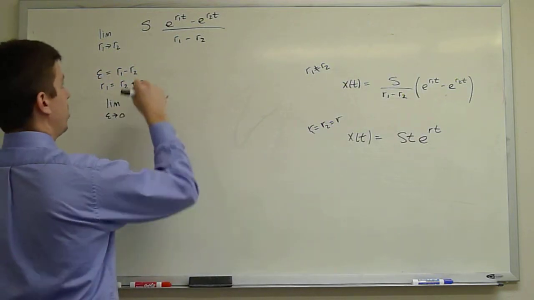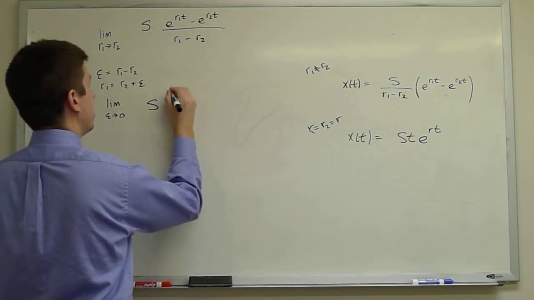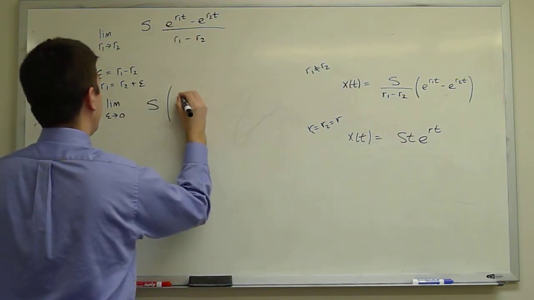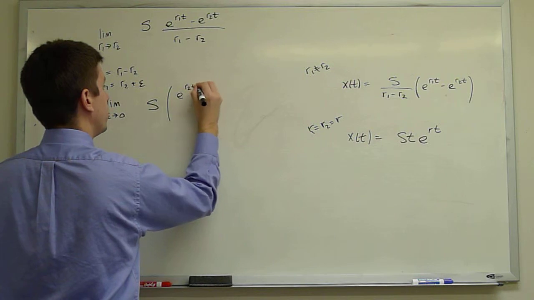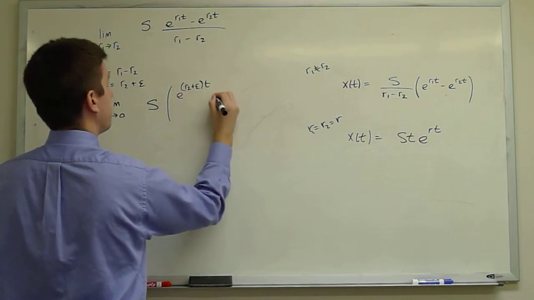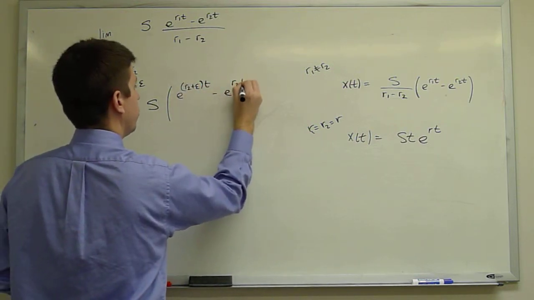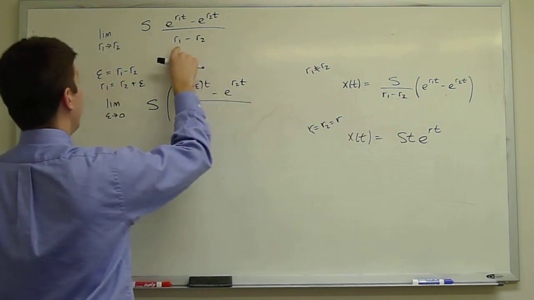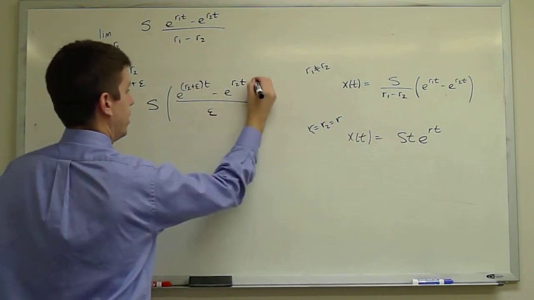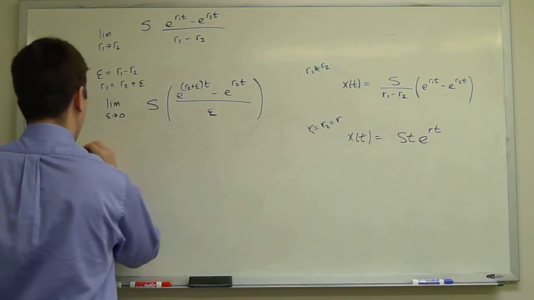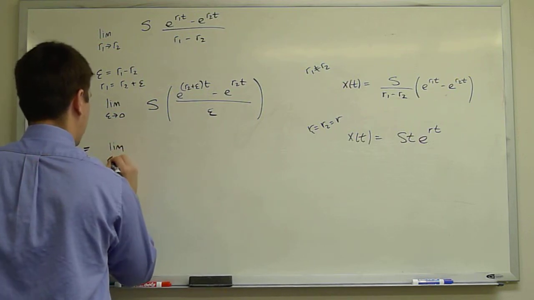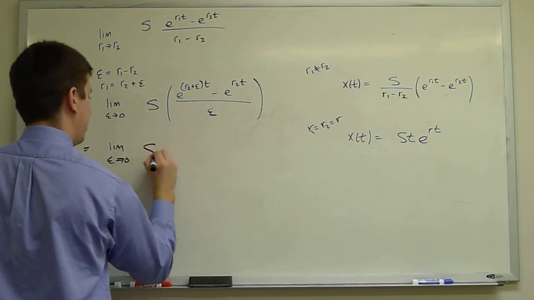So the limit as epsilon goes to 0 of s, what do I get? e to the R2 plus epsilon t minus e to the R2 t over R1 minus R2, that's epsilon. I can rewrite that.